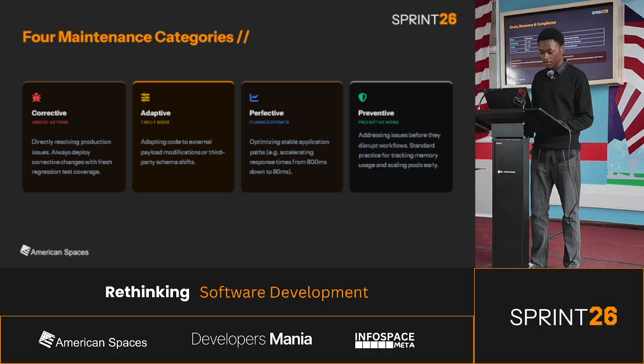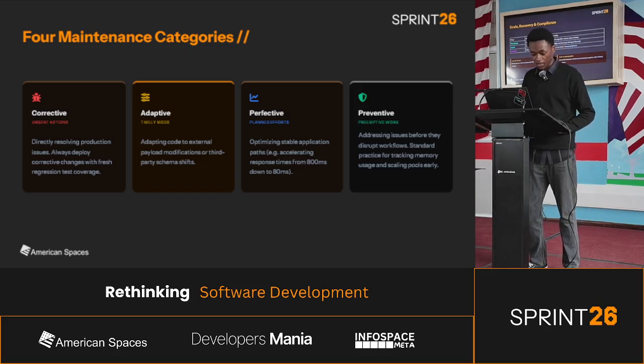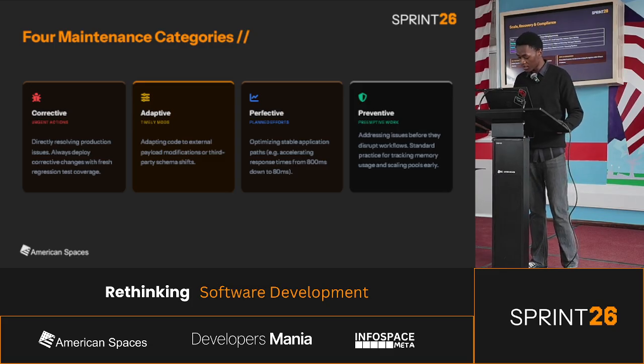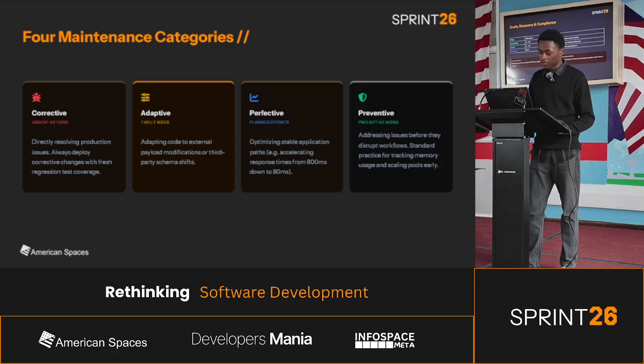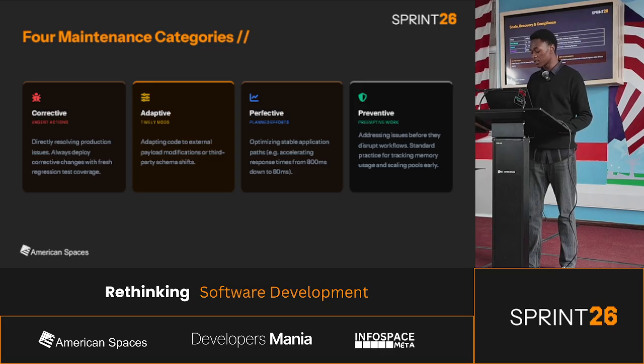Then we have the next one, which is scale, recovery, and compliance. And here we have stages. We have the pilot stage. For example, in Z2, we will be in a pilot stage where there will be 10 to maybe 100 users.